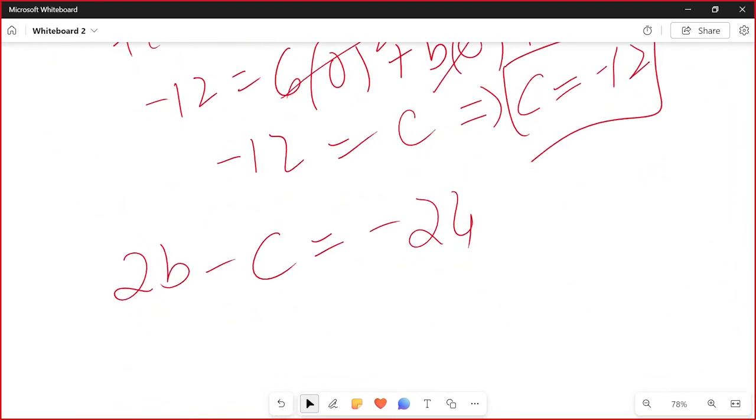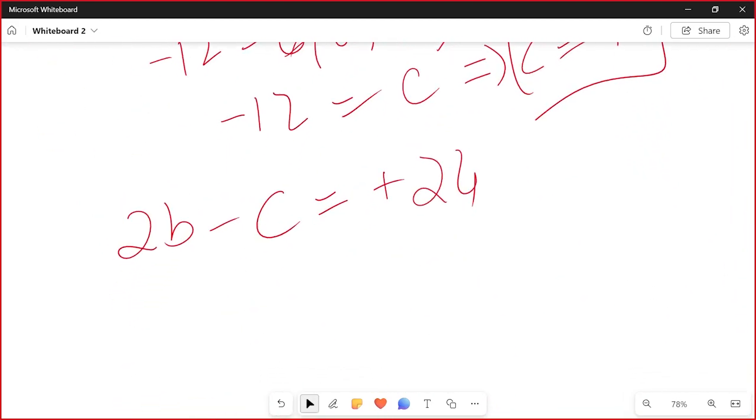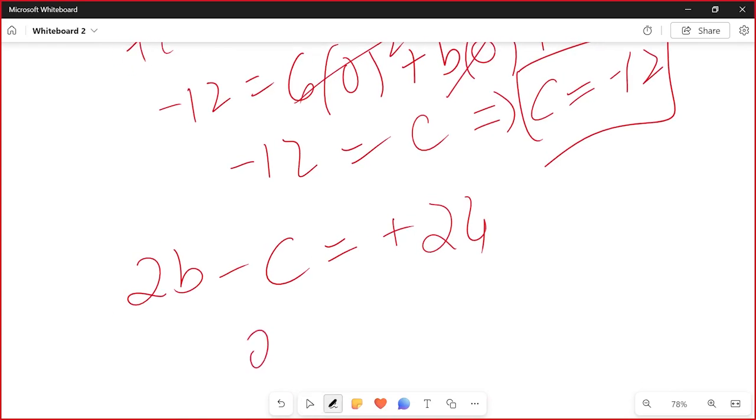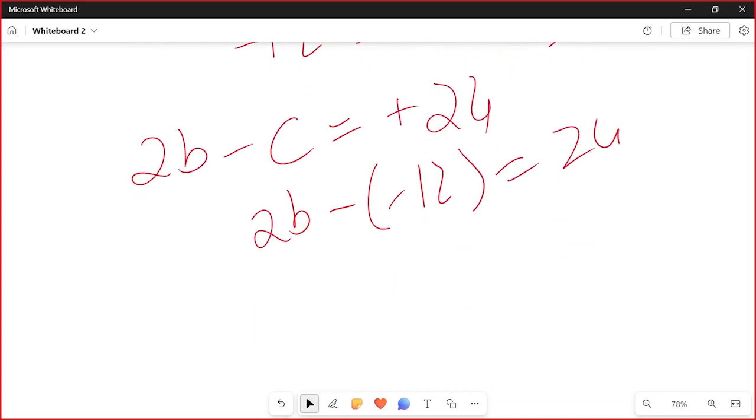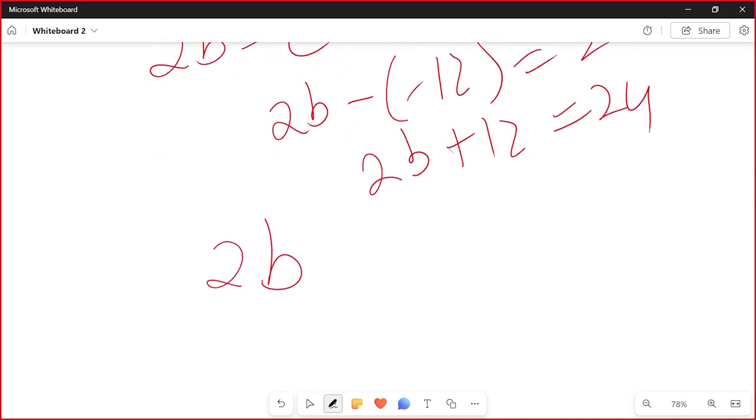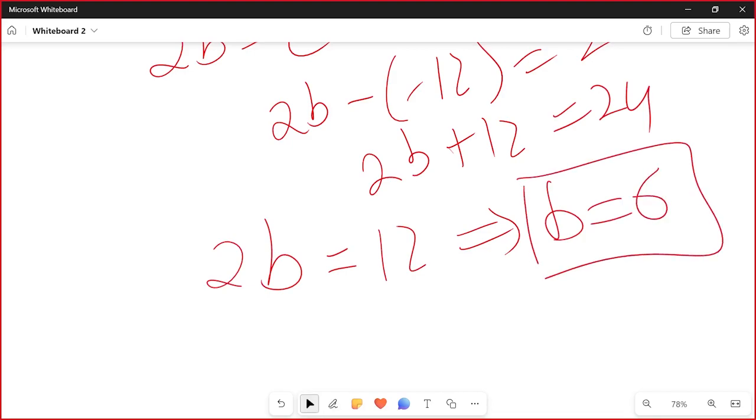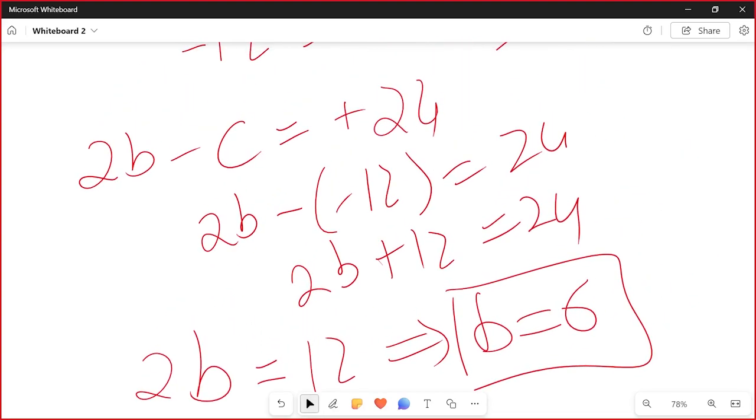Now we have c is equal to minus 12, so 2b plus 12 is equal to 24. So 2b is equal to 12. This implies b is equal to 6. So we found both unknowns.